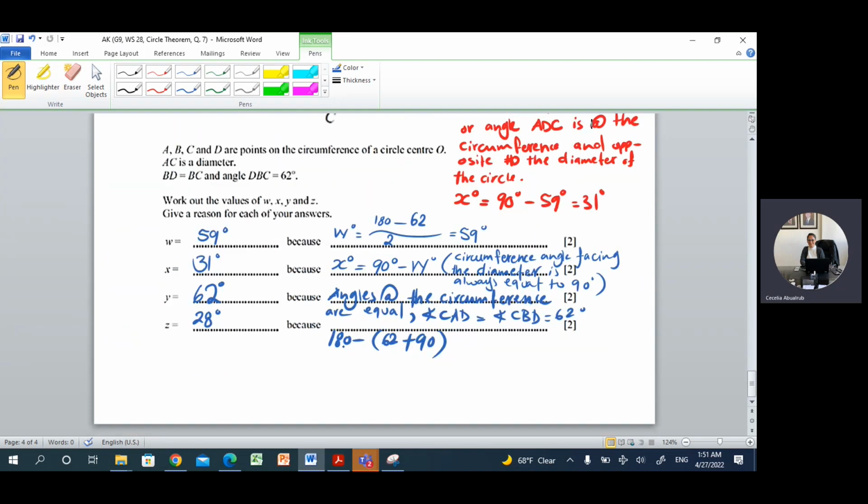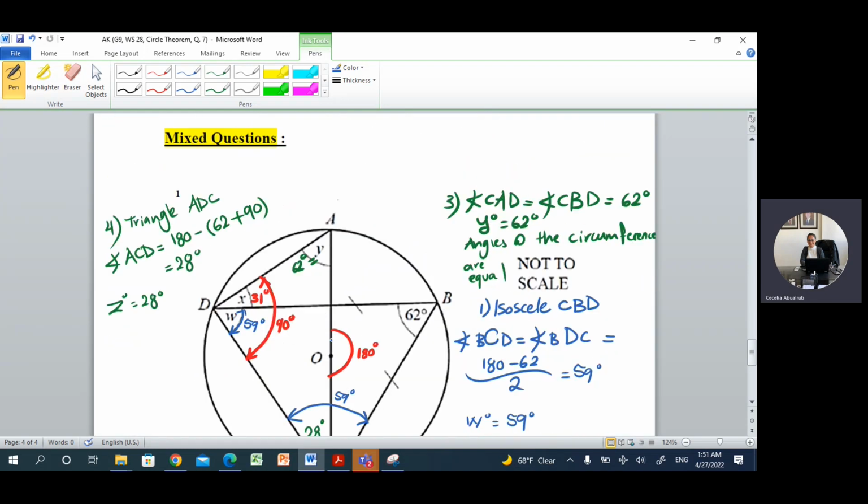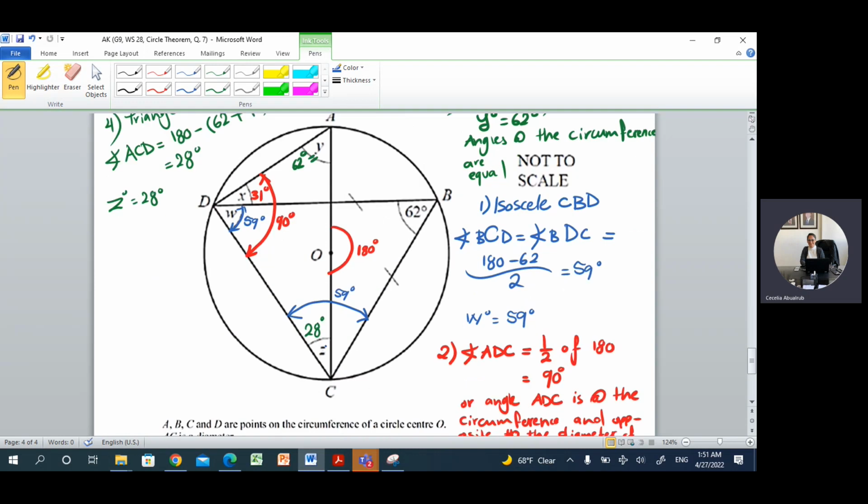All right, so that's basically it. You always need to keep an open eye to the drawing so that you can spot all the cases that might help you in finding missing angles in circle theorem problems.